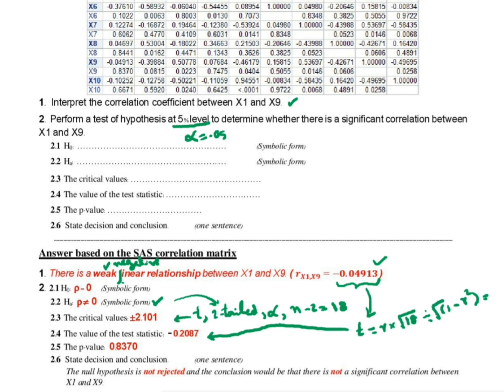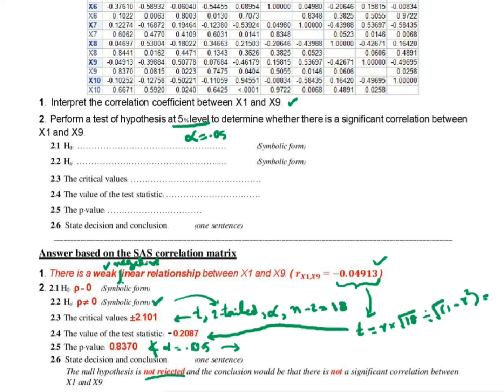Not further than critical value, therefore not in the rejection region. Okay, but you can check p-value also. P-value is not smaller than alpha 0.05, very big. So if p-value is smaller than alpha, reject. If p-value is not smaller than alpha, do not reject.